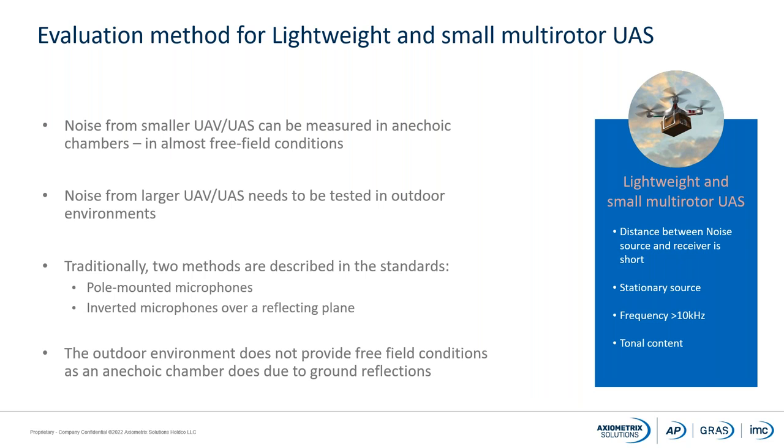And the frequency range is over 10 kilohertz, which means that you can't really use the first method or the second method, and then it has a tonal content. So in order to make a good measurement for multi-rotor or UAS, it is necessary to find a new method or an improved method of actually doing the measurements.